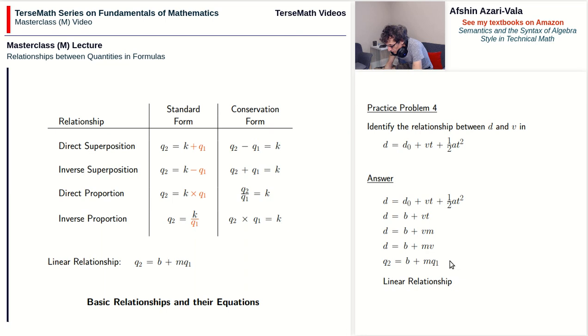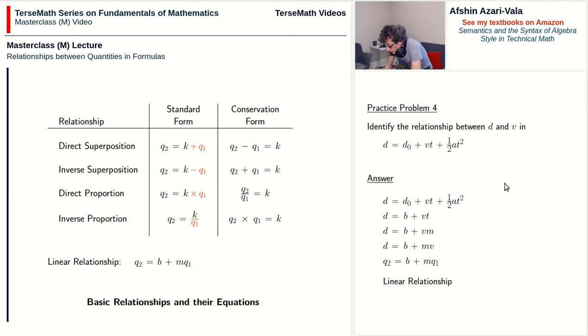Now ideally all of this should happen in your head. None of these lines need to be written down. You can imagine d0 plus 1/2 at squared, that's one constant, and then you add v times another constant. Try it.